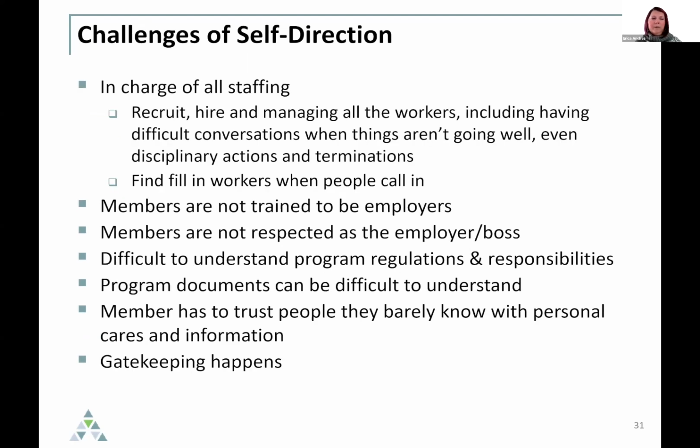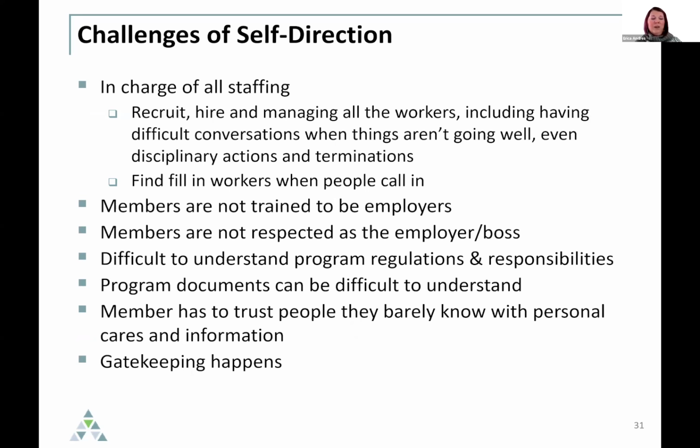With all good things, there are also some challenges of self-direction. In self-direction, you are in charge of all staffing, which means you have to recruit, hire, and manage all of the workers, including having to have those difficult conversations with workers when things aren't going that well. And sometimes, as I said, you even have to do disciplinary actions and/or terminate someone, and that's never fun.